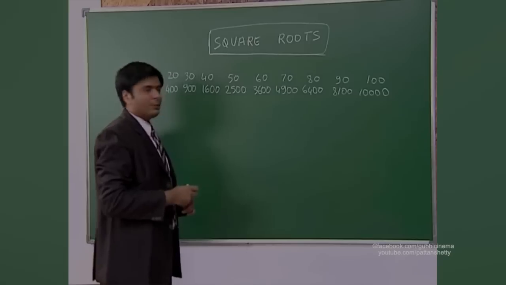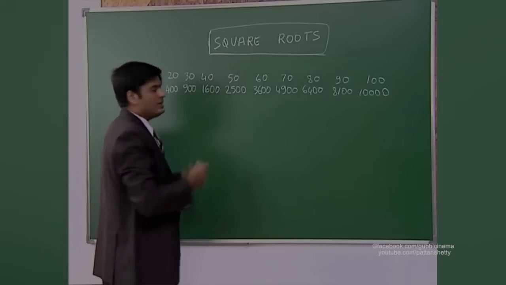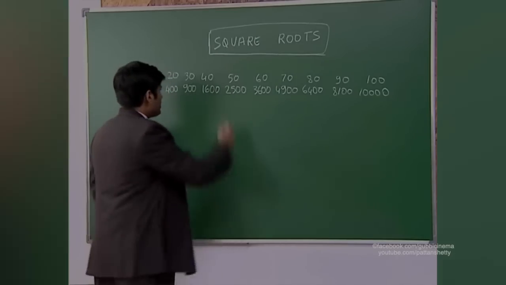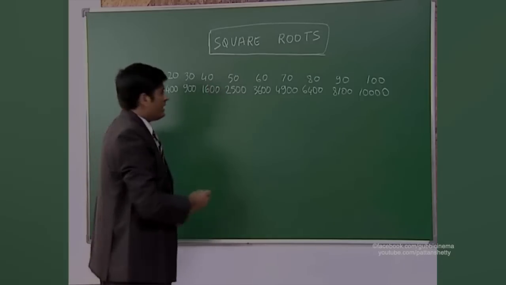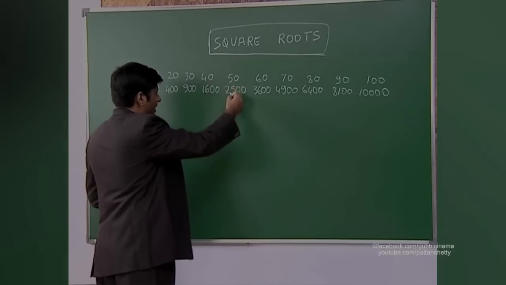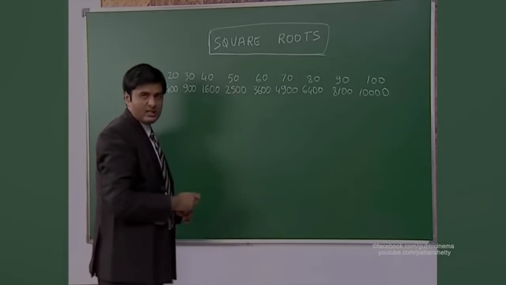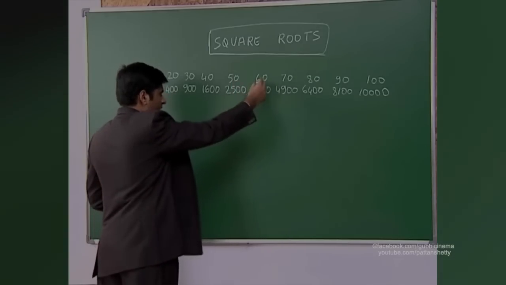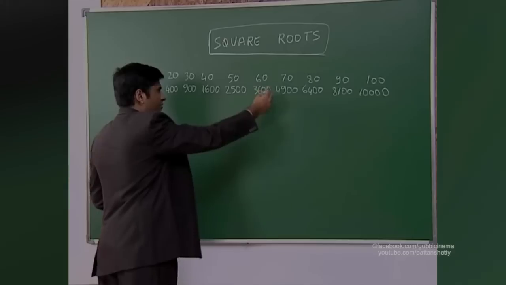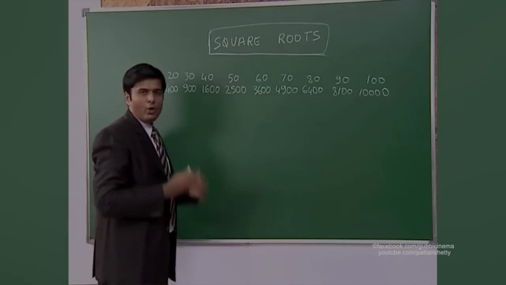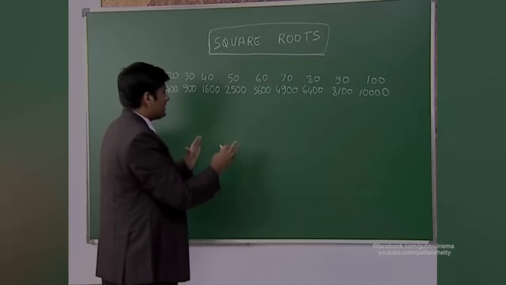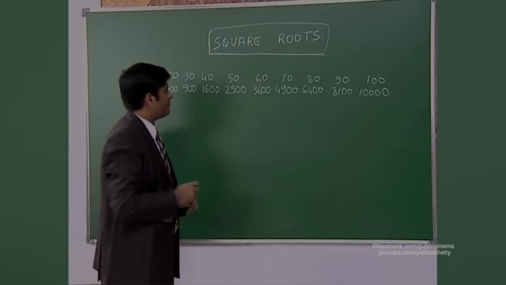We already saw the previous key, we have just added zeros to it. If the square of 4 is 16, then 40 will be 1600. If the square of 5 is 25, then 50 will be 2500. If the square of 6 is 36, then 60 will be 3600. You need not copy or memorize this key. This is just for reference.